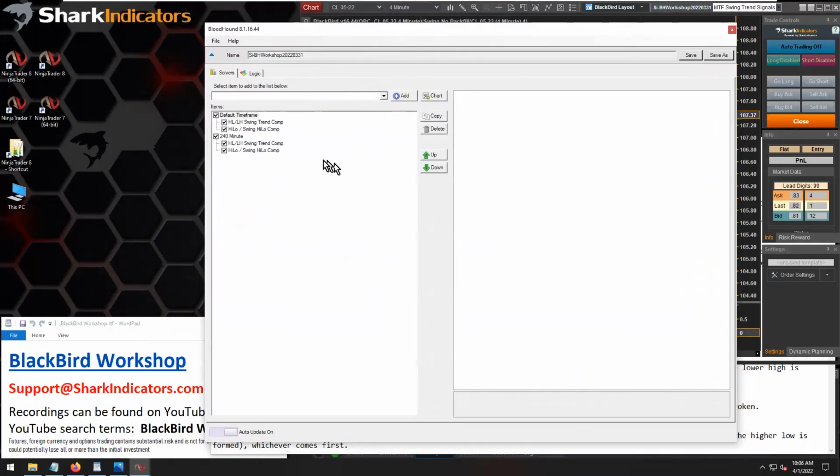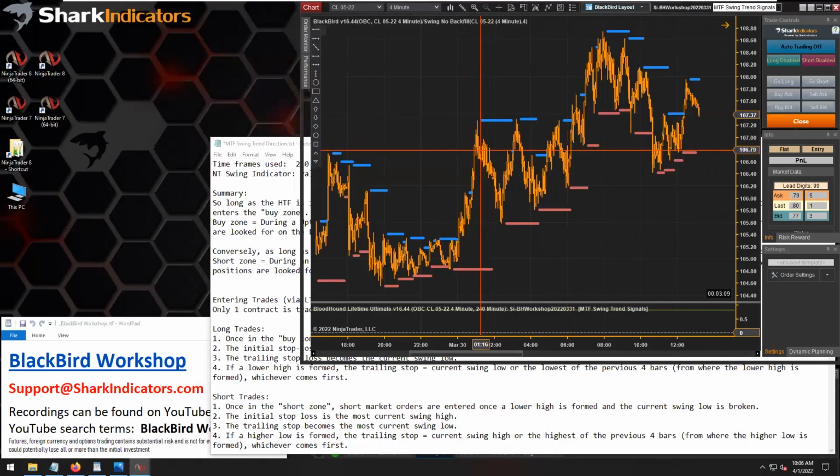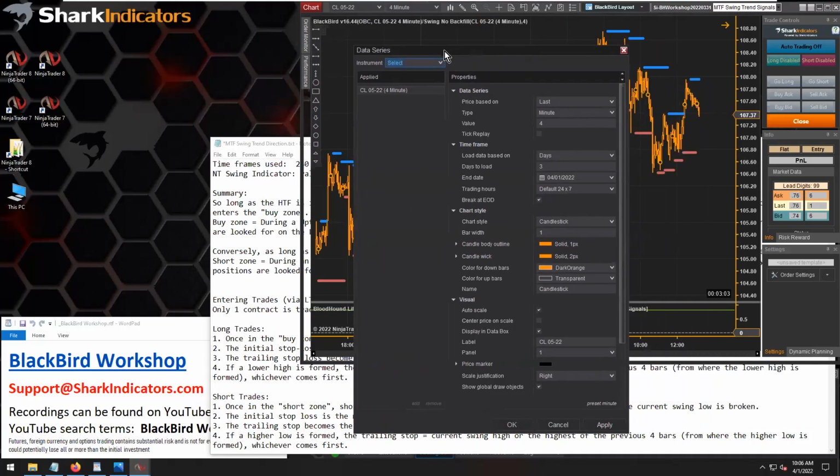Let's open up Bloodhound here. This system is a multi-timeframe system. It has the default lower time frame, and then it has a 240-minute higher time frame. When you're using these really large higher time frames, you have to be consciously aware that your lower time frame is going to dictate how many bars are created on your higher time frame.